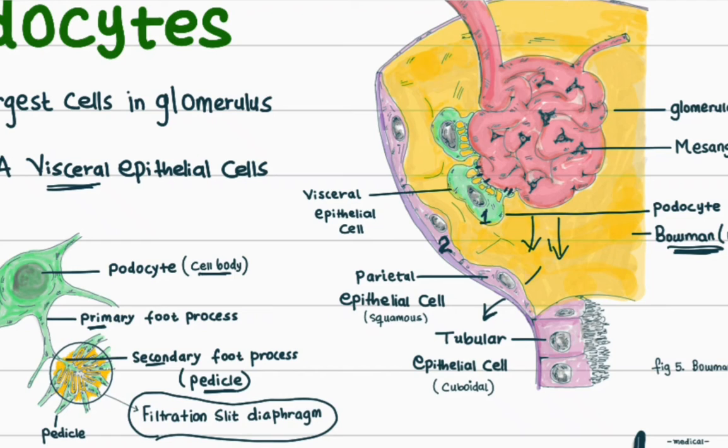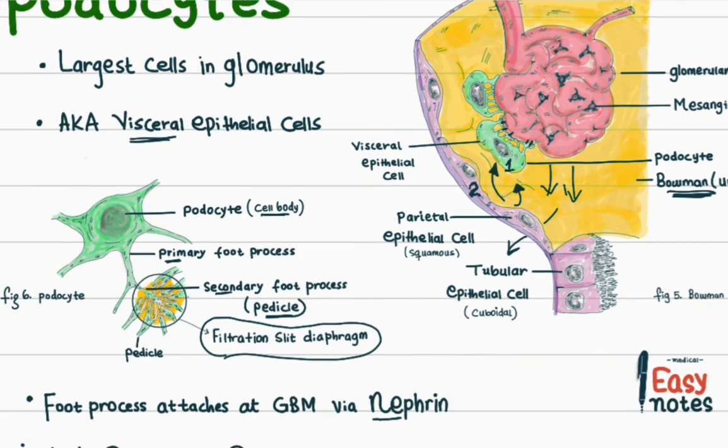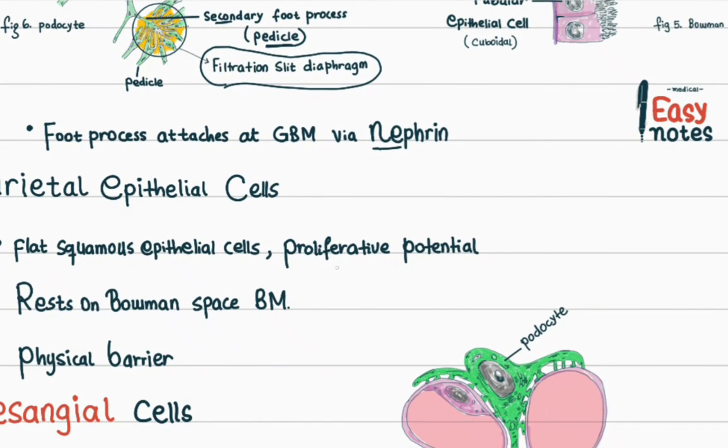Second, they have a proliferative potential, which means that during an injury, the parietal epithelial cells can renew and regenerate themselves, and transdifferentiate to give another population of podocytes, which is one of their important functions.